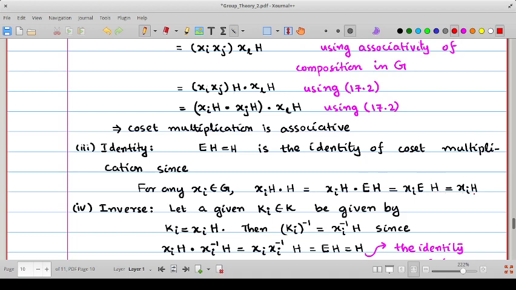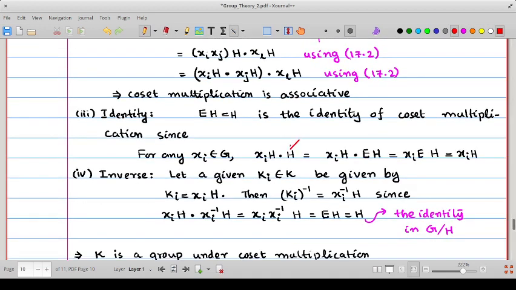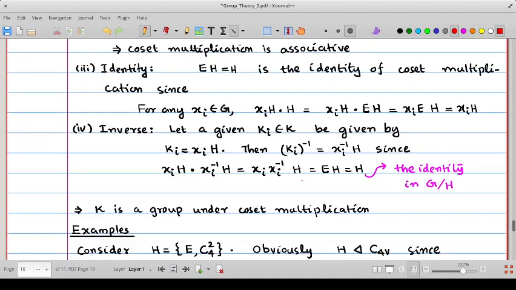Therefore, this is equal to XiH. So the coset multiplication of any coset XiH with the coset H, which is in fact the subgroup itself, is equal to the coset XiH itself. So this H, which is simply the coset with the identity element, which happens to be the invariant subgroup as well, is the identity of coset multiplication. So we have shown that the set of cosets of the normal subgroup also contains the identity element.